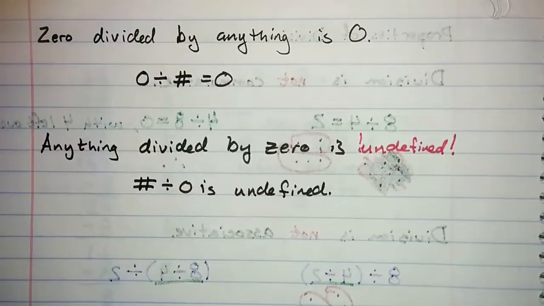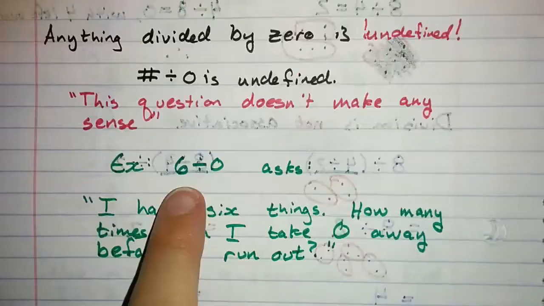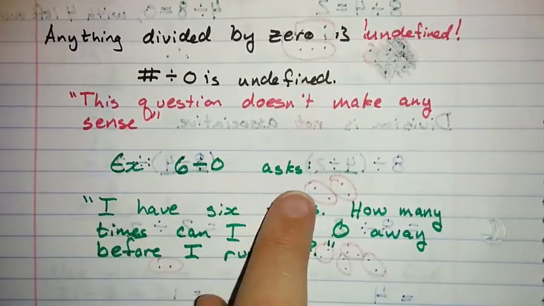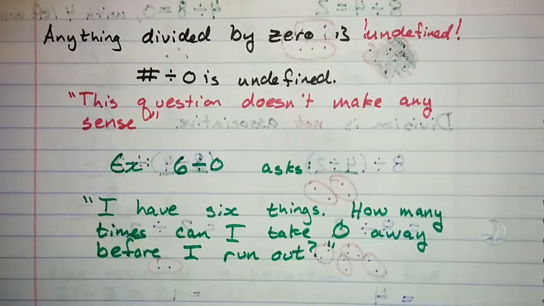What do we mean by undefined? It means this question doesn't make any sense. So the question I'm asking is, for example, if I have 6 divided by 0, this asks the question, I have 6 things. How many times can I take 0 away before I run out?